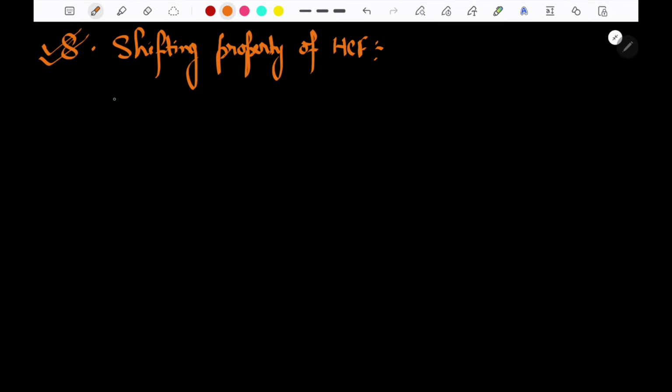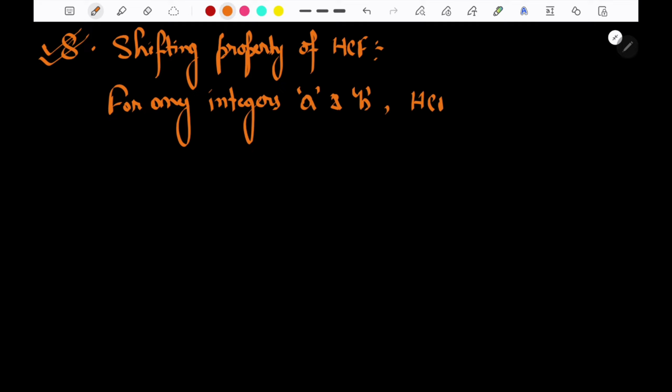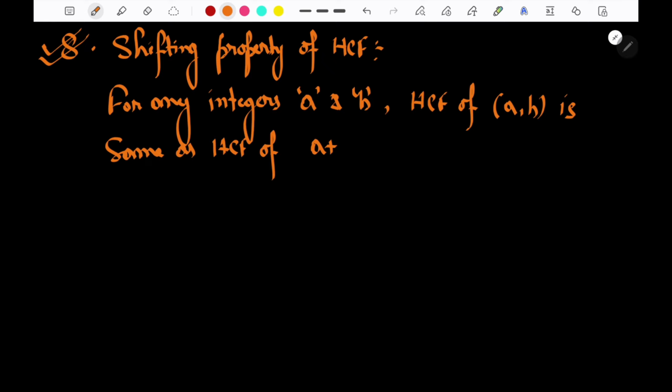It says for any integers A and B, HCF of A comma B is the same as HCF of A plus B and B, or A minus B and B.